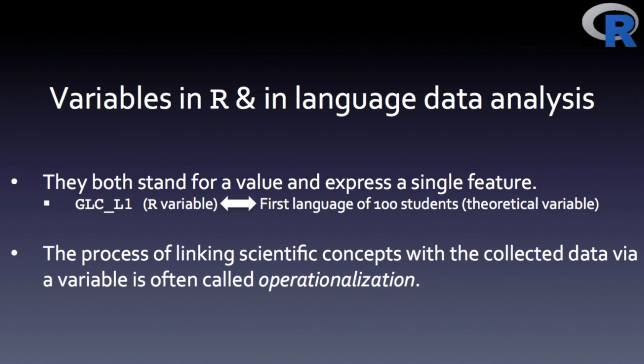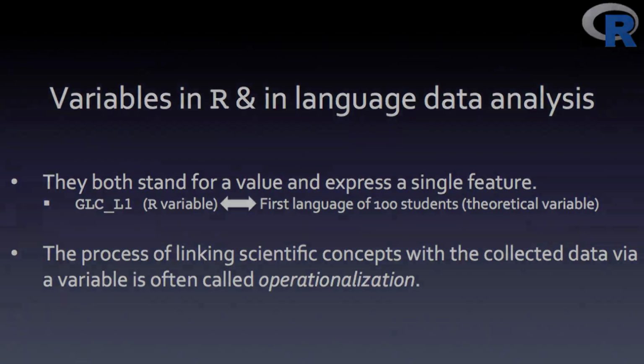The process of linking scientific concepts with the collected data through variables is often called operationalization. The variable glc_L1 is the result of operationalizing the concept of a first language recorded in the collected sample.